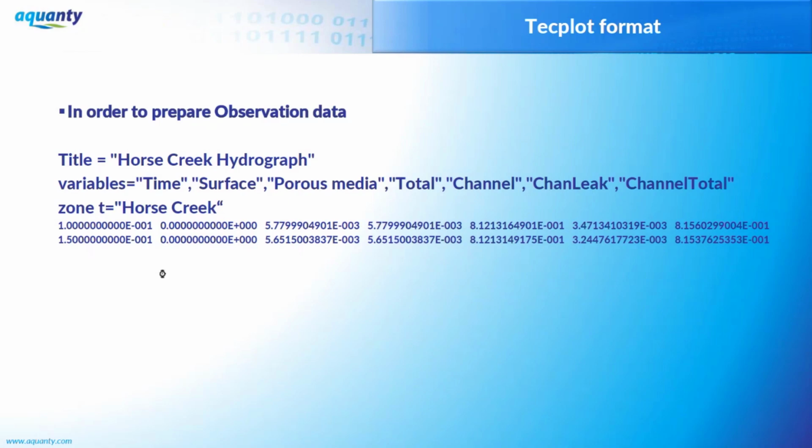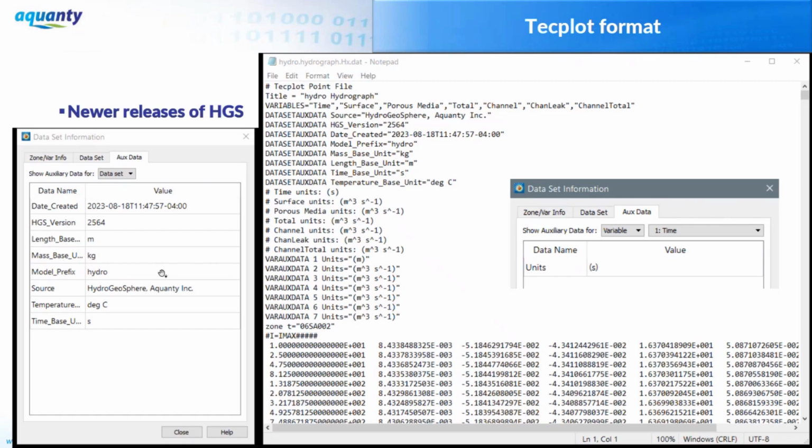Something else, for people who have a newer version or newer releases of HGS, we now add auxiliary data to our output. So let's say you have a file you want to open, and you don't remember where you ran it, when you ran it, or which units you used. You don't have to go back to your grok file and search for it. HGS will now output all this data.